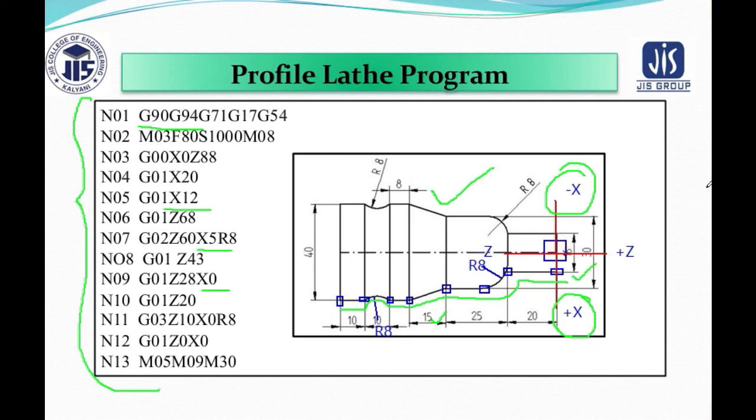So wherever you want to change a dimension, okay, R8, you want R5, I put R5. You don't want 15 millimeter distance, you want 20 millimeter, I change the distance. So only certain coordinate values will be changed, not the entire program setup. So absolute is always preferred for this type of job.